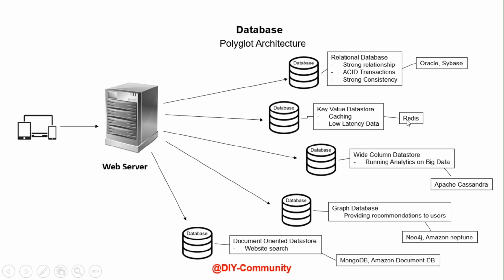You can use Redis wherever the caching is required and low latency data is needed. You can use Apache Cassandra for running big data analytics. You can use graph database like Neo4j to provide a recommendation to users. Similarly, you can implement website search using MongoDB.